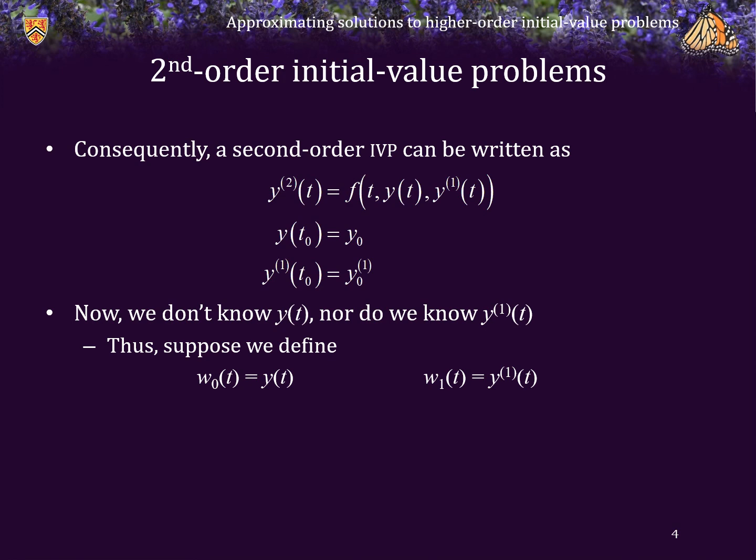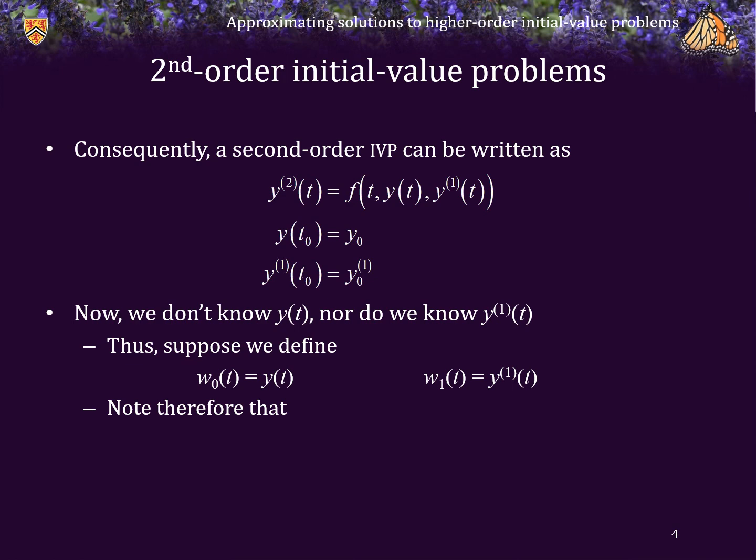All right, so we are going to represent y of t by a new function w0. w0 is a function of t, and we're trying to approximate it. But we also have the derivative of y of t, and we will represent that with w1 of t. So in trying to find the solution to this initial value problem, we are going to re-represent it as a problem where we want to find both functions w0 and w1.